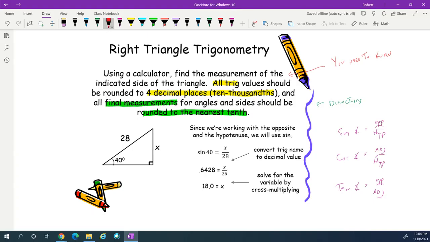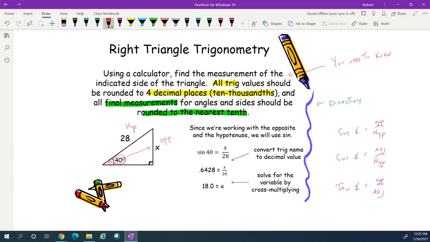First, they're giving us our reference angle. That's our angle. We're going to identify the sides. We have our hypotenuse, and across we have the opposite. Now I'm going to stop there. I'm not labeling the adjacent. I can, but I'm not going to. What I want you guys to see here is we're not asked for the adjacent. So right now, I don't care about the adjacent.